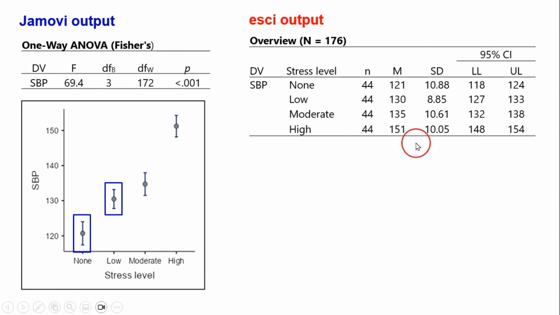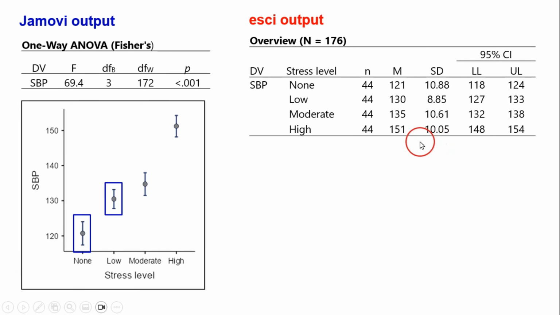If you remember from last semester, I mentioned at some point in time that if you report means, you always want to report standard deviations, because means and standard deviations go together. They go together to give the reader a description of the distribution for that group, for example. If you just give the mean without the standard deviation, your analysis is incomplete.